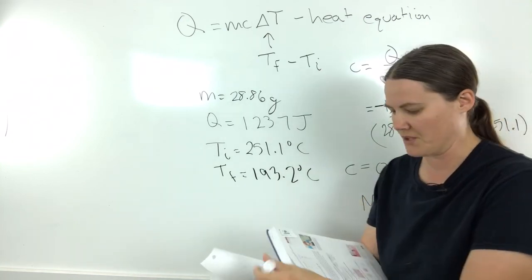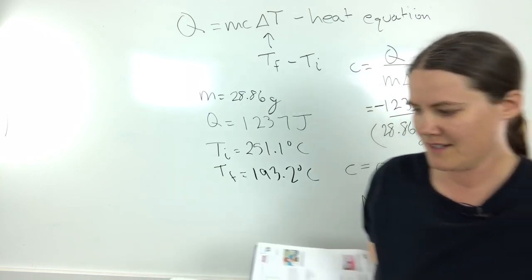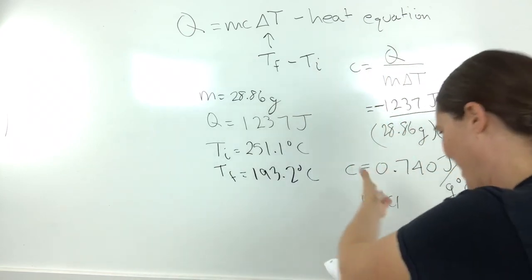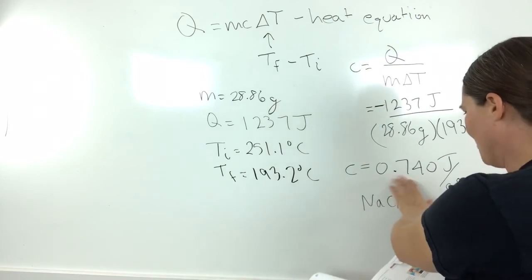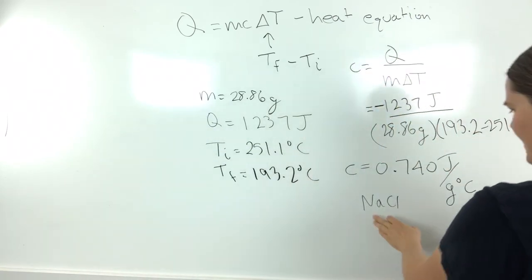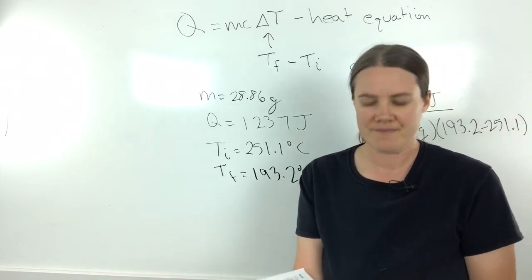I don't know if this is sodium chloride or not, but if you were looking at a table online or in some other reference, you would probably have more values to look at. Just looking at the table in our book, this is the closest value, so that's the one you would pick.